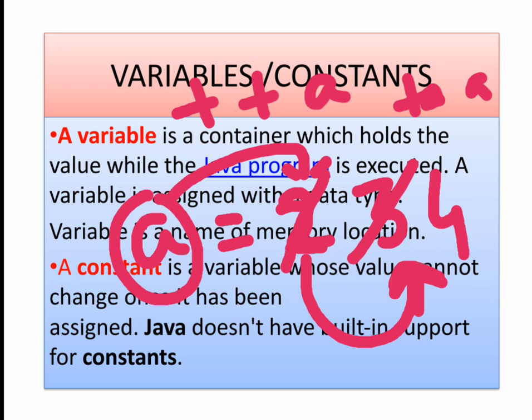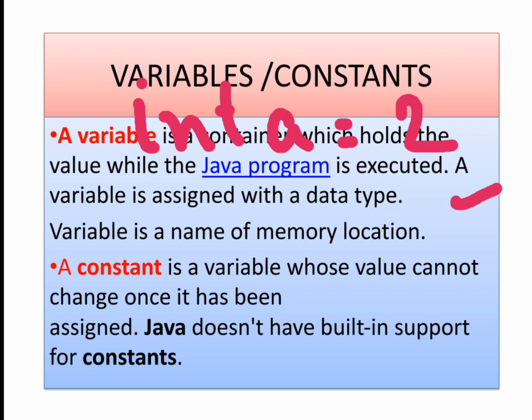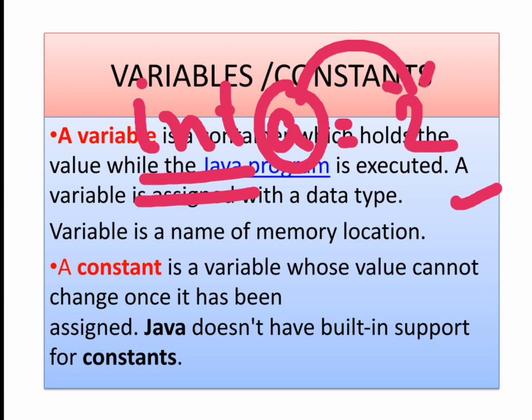Okay, now just move to the definition part. A variable is a container which holds the value while a Java program is executed. A variable is assigned with a data type. What is a data type? Suppose int a equal to 2. So this is the data type, which means the variable stores integer type values.